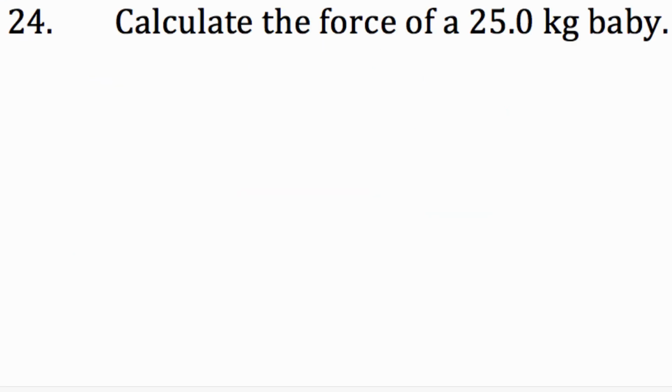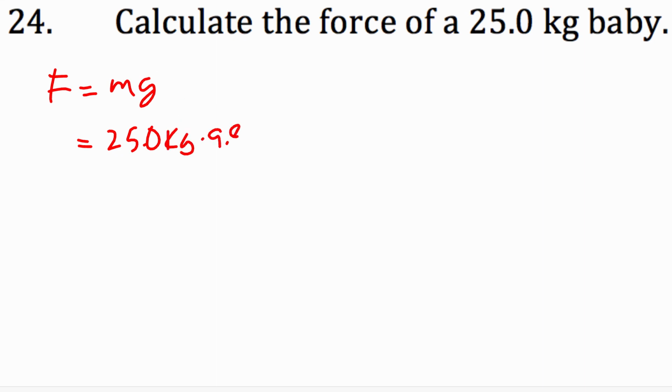All right, one or two last questions. Calculate the force of a 25 kilogram baby. 25 kilogram baby, that's like 55 pounds. Yeah, that's a big baby. All right, but force is equal to mass times gravity. I have a mass, 25.0 kilograms.